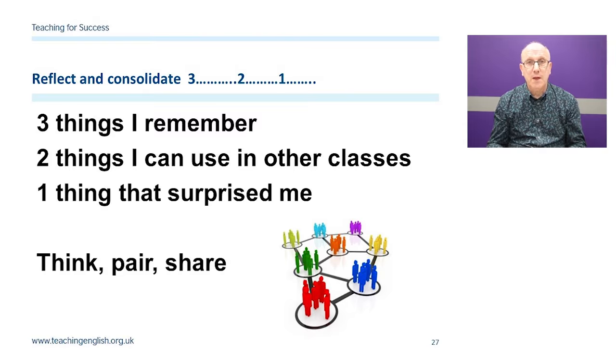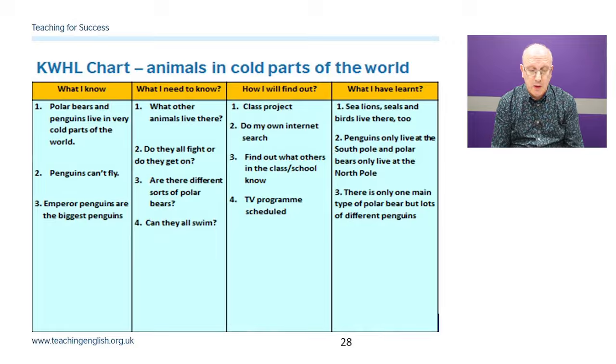Now, these are all quite simple. They're beginning to get a bit more involved and complex. But let's look at two other areas, which are also quite interesting. If you look at this chart in blue, this is called a KWHL chart. This example is taken from a lesson on the Arctic and the Antarctic and what animals are there.